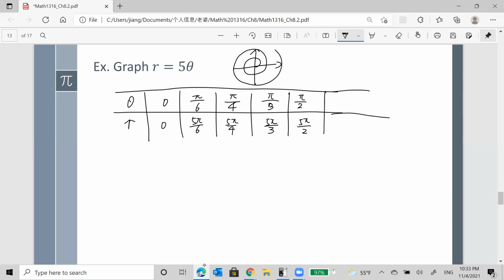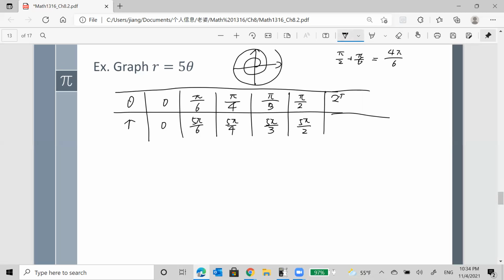So I continue to plug in more points. Next one, based on this one, I add pi over 6. So pi over 2 plus pi over 6. That's 6 at the bottom, and here's 3 plus 1. That's 4 pi over 6, that's 2 pi over 3.